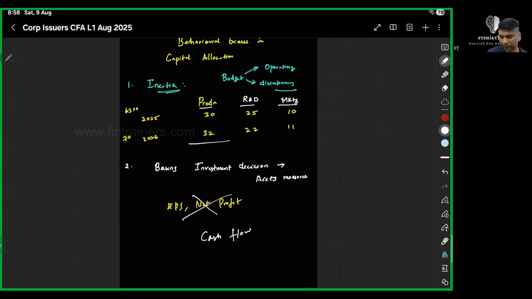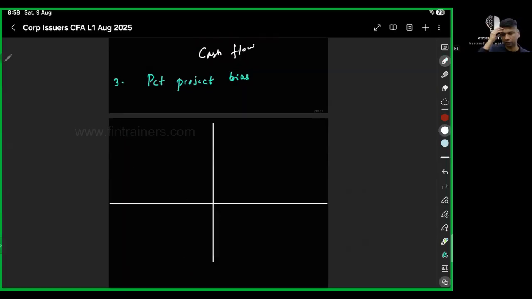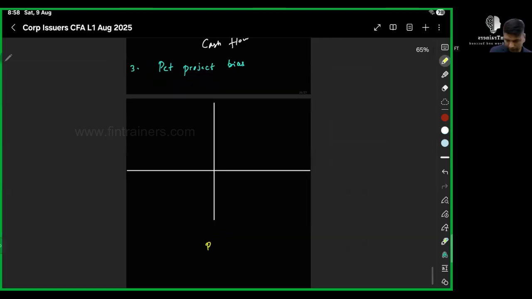The third one is pet project bias. Sometimes certain projects are preferred by senior management and they just do it. Like the BCG matrix. This is another framework, a consulting framework, where BCG looks at a company's various lines of business.